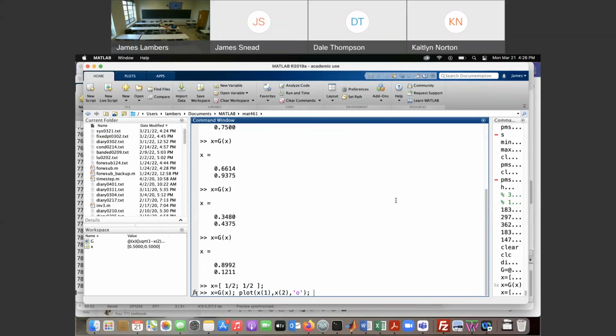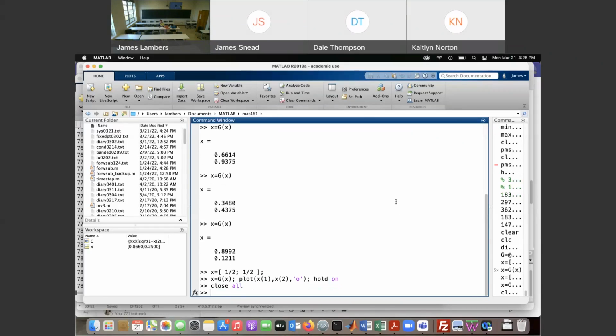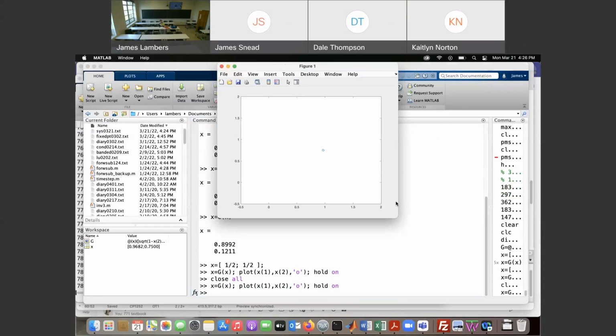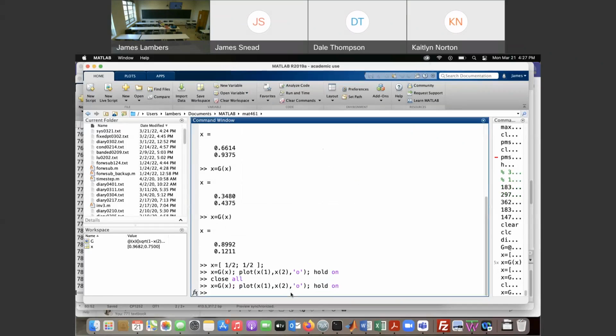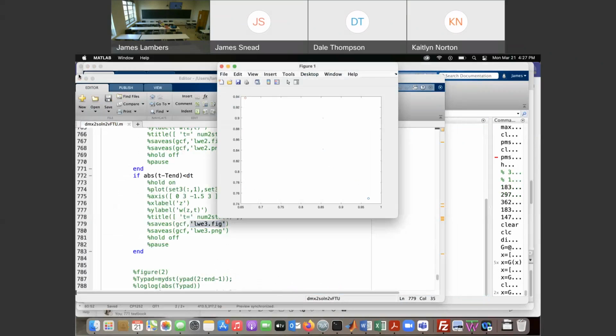I'll do a hold on. I might have a graphics window already open, so I'll just run it again. Okay, so here we are, and now I'm going to keep running this. Oh wait, I'll close the editor.